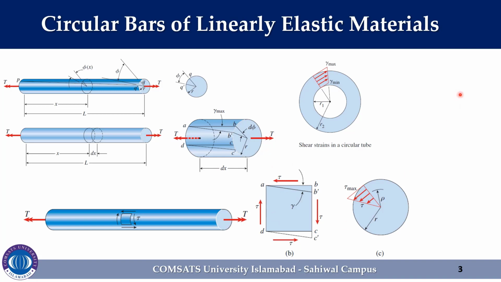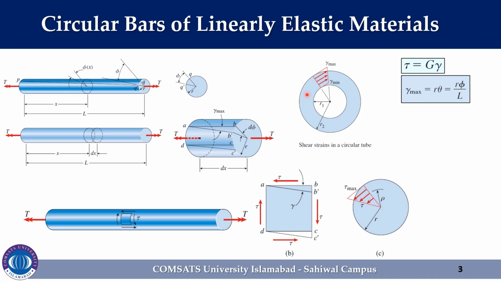If the material is linearly elastic, we can use Hooke's law in shear as tau is equal to G gamma. In this equation, G is the shear modulus of elasticity and gamma is the shear strain in radians. Now combining this equation with the equations of shear strains, first we see the equation of shear strain at the outer surface of the bar.